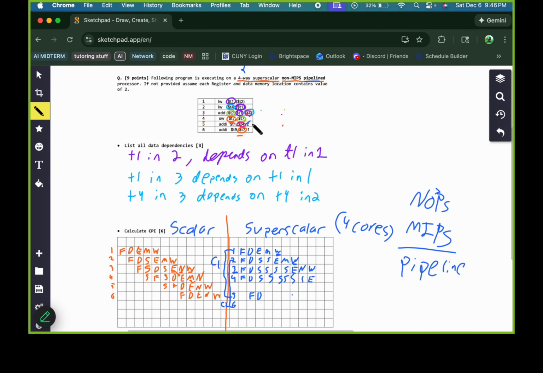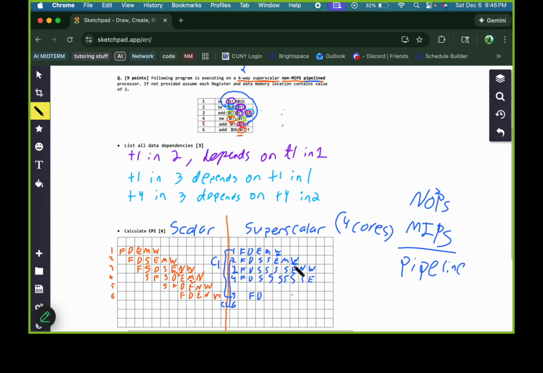Okay, well, 4 was updated all the way over here, right? This time it was a source, not a destination. So it was being used, but it wasn't changed. All I care about is when was the last time it was changed. That's all the way over here, T4, all the way in instruction 2. So I have to wait until instruction 2 finishes loading until I can do this.